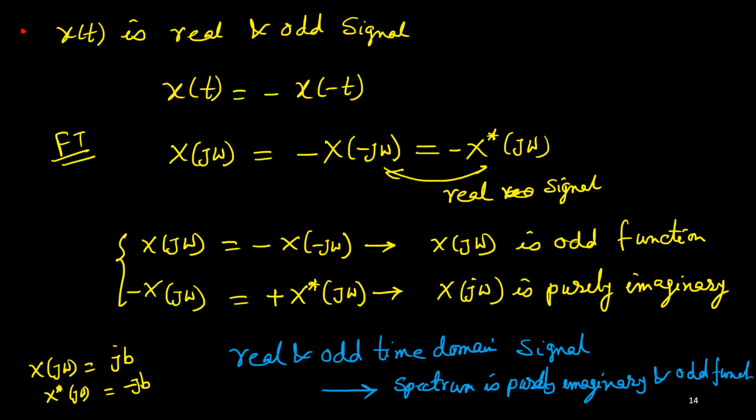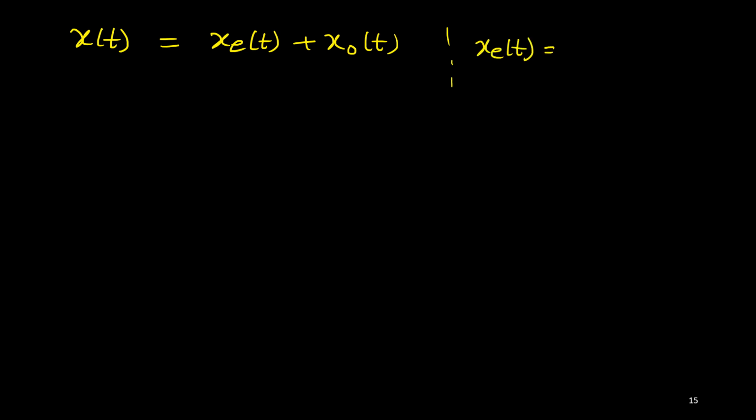So now we can go further again. Now if I consider one signal, that is x of t, now we know that any signal x of t can have one even part xe of t and one odd part xo of t. Even term we can easily find out, no?